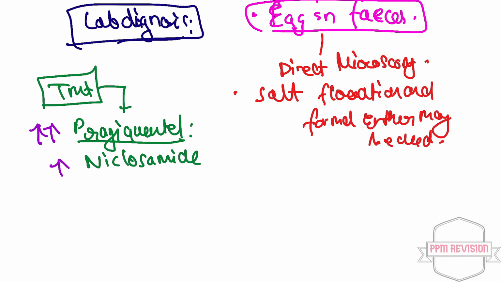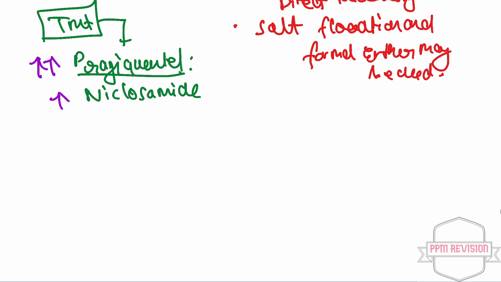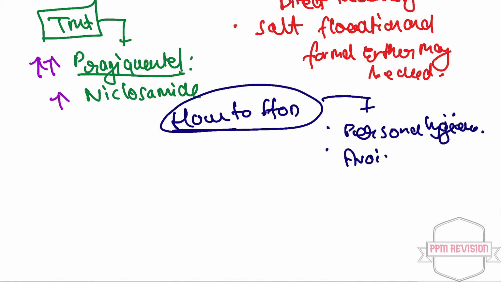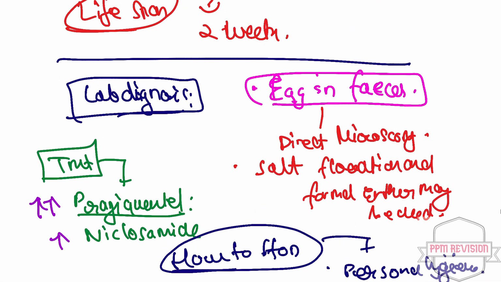And as is common, we can be asked about clinical aspects like how to prevent it. This is done by personal hygiene, avoiding contaminated food, and controlling the rodents. This is a very important aspect: rodent control should be done.